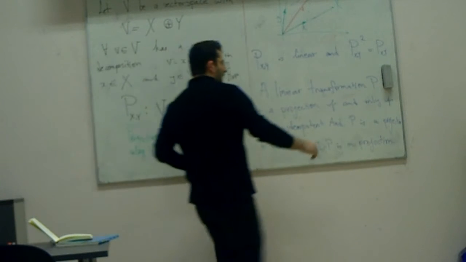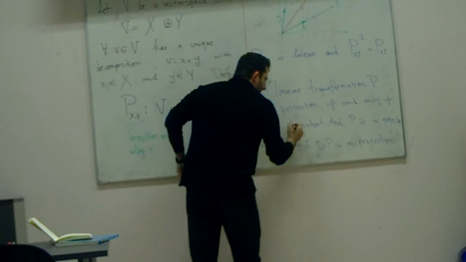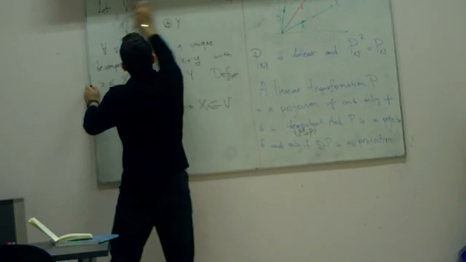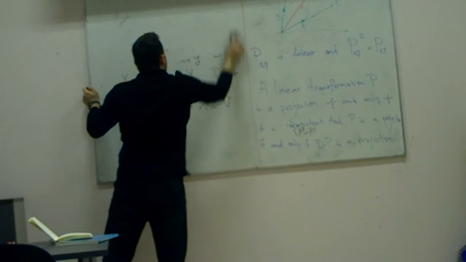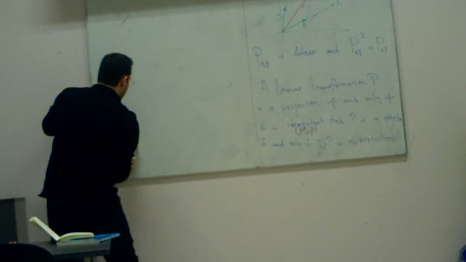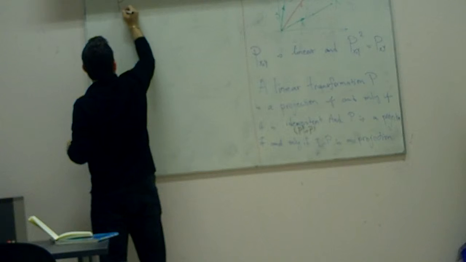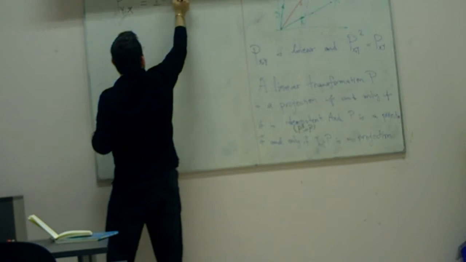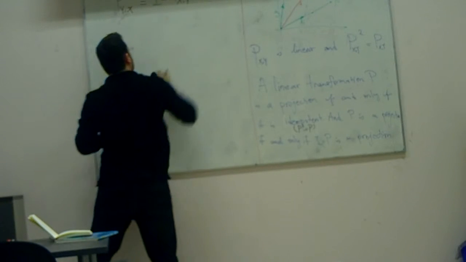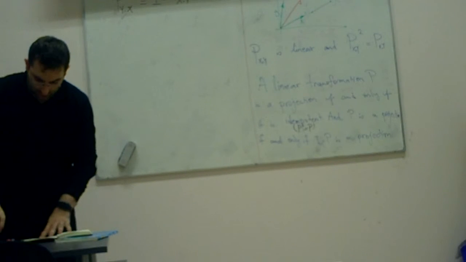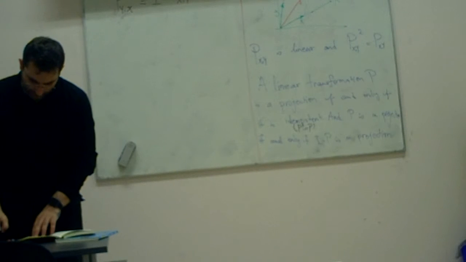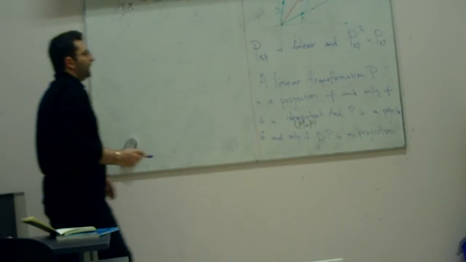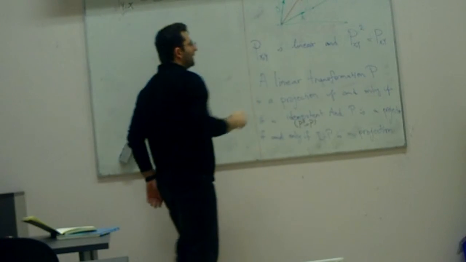As a matter of fact, projection on Y along X is I minus projection on X along Y. This is a general form for any X and Y.